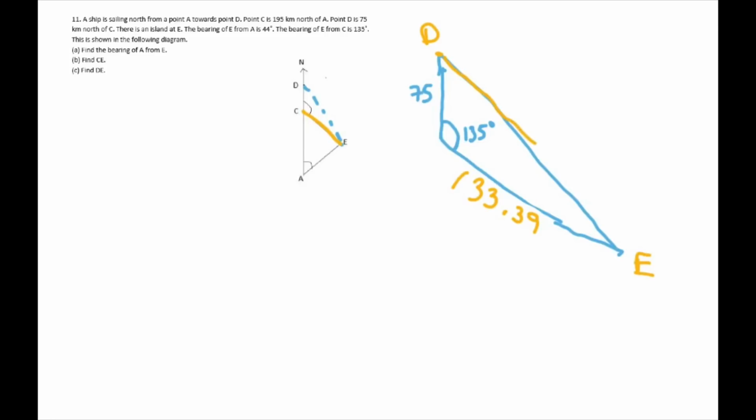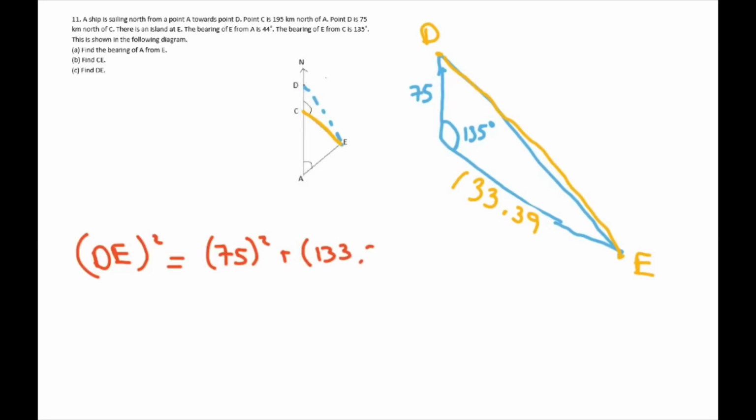So in this case, we're trying to find DE. This part right here. Now we have a side angle side, so we use the law of cosines, and we can write it as DE squared equals your sides, which would be 75 squared plus 133.39 squared minus 2 times your sides, cosine of your middle angle, because it's side angle side, and that's cosine of 135.